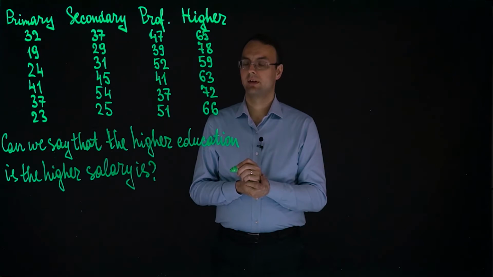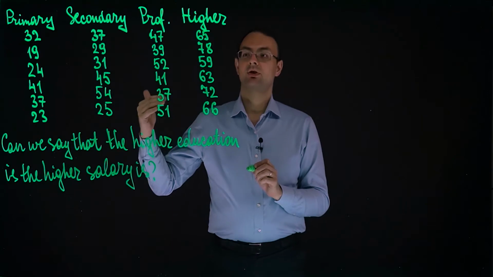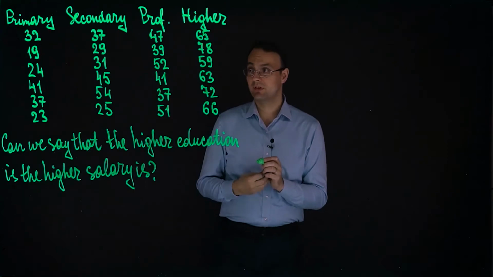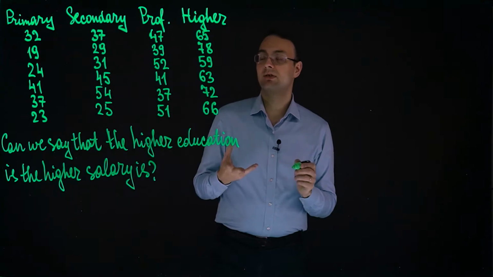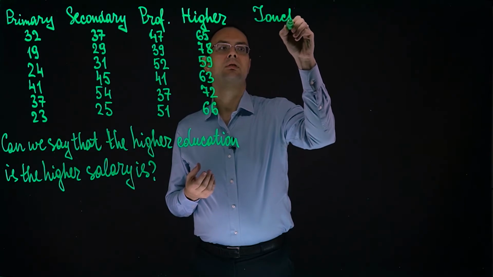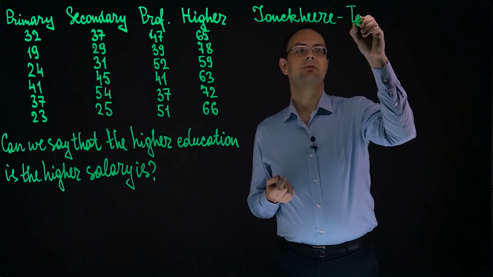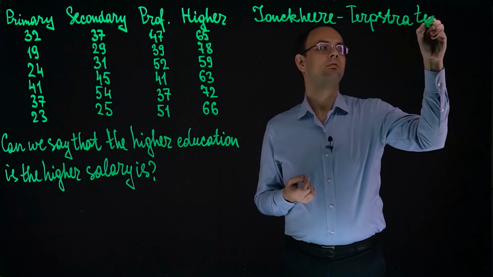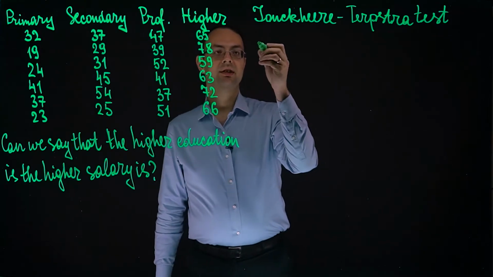So our hypothesis is that education has a directional effect on the response, and the response is the salary. So we use the Jonckheere-Terpstra test.